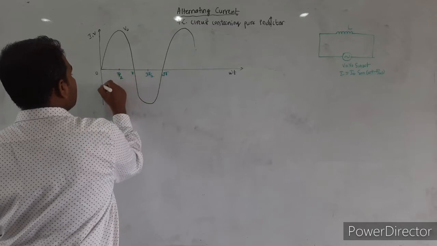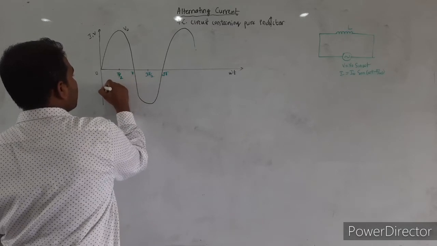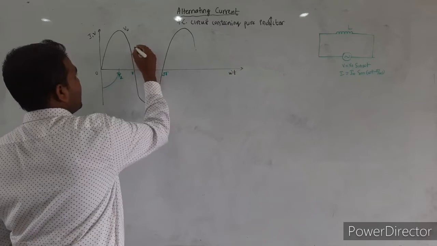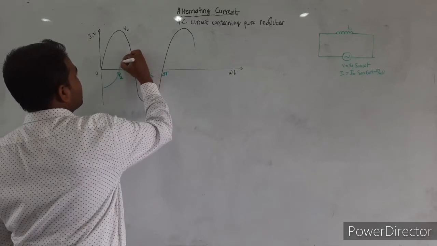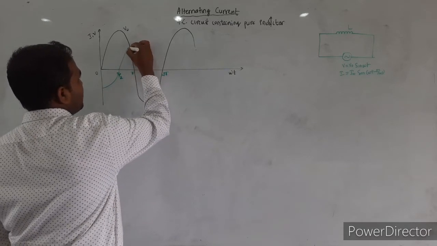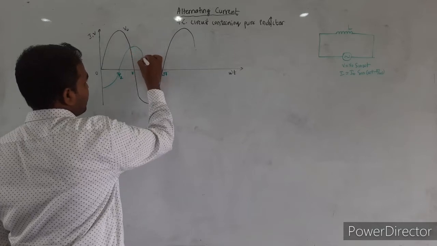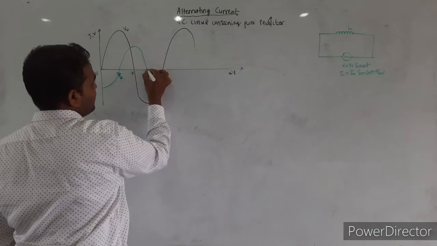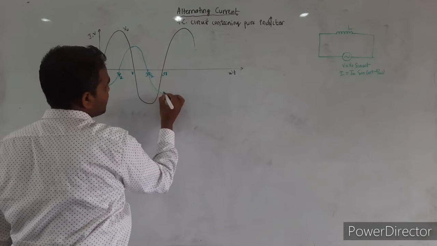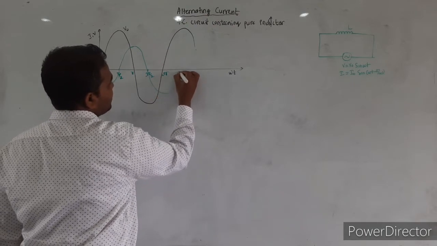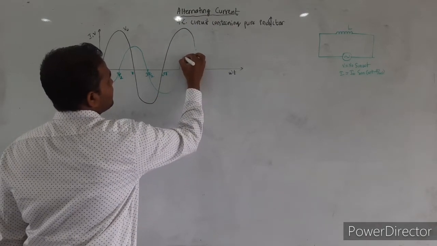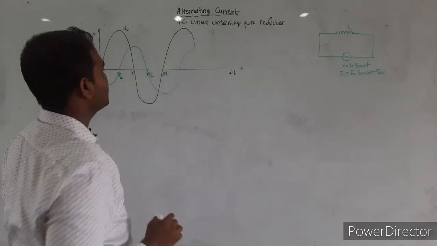On the back side, the current peak value will be somewhere here, and at this point it will have the maximum value. Yes, and again it reaches 0, it reaches maximum in the opposite direction, again it reaches 0. Yes, this is how the current varies.